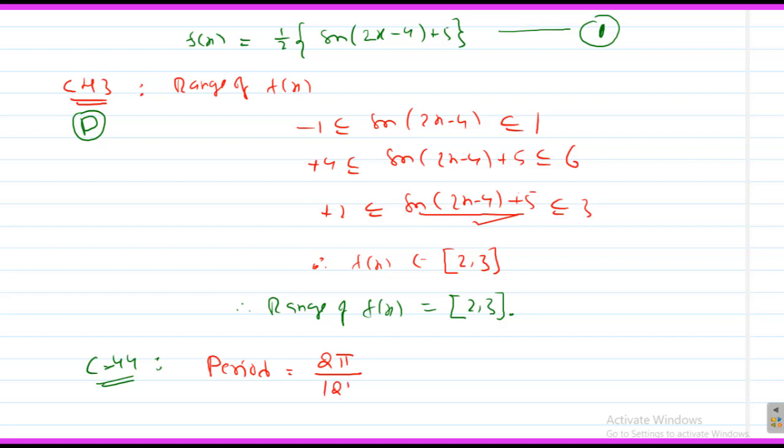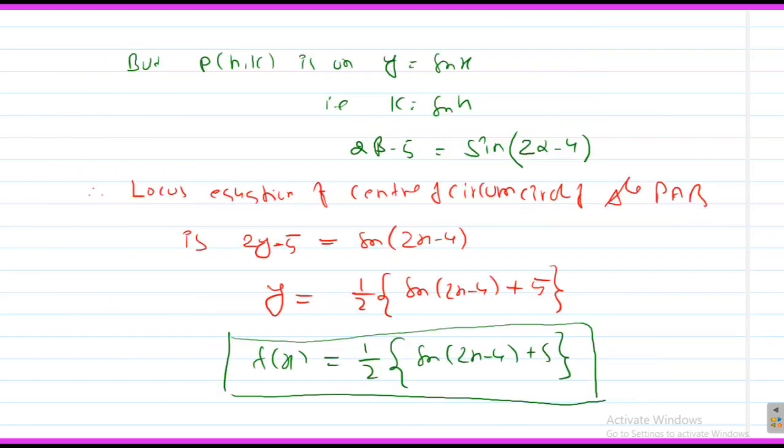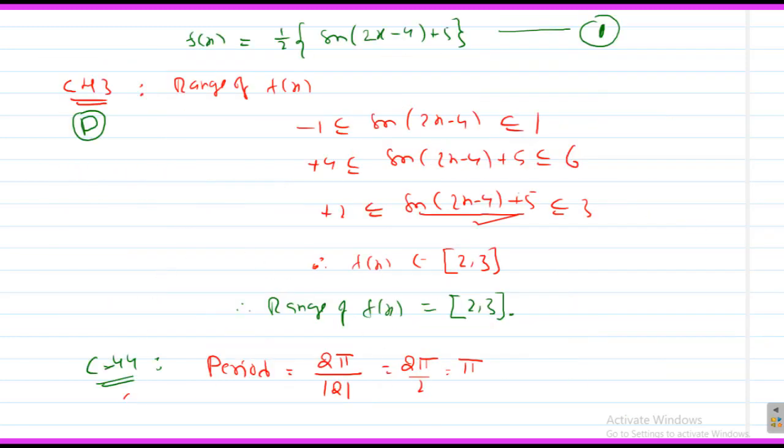I can write mod of 2, so 2 pi by 2 is equal to pi. Pi is the period of f of x. Now I want to cross check with the options. Yes, pi is the period. C is the correct answer for that.